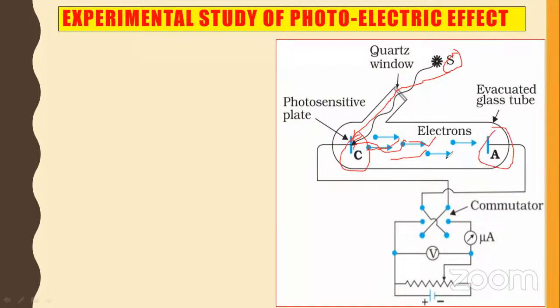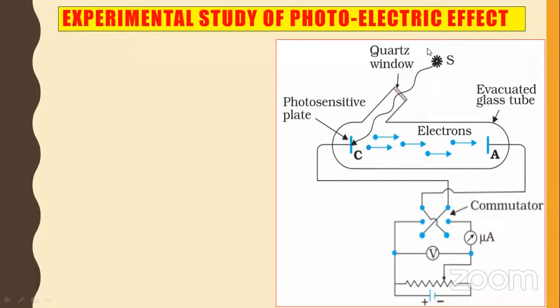How is it possible? By applying such a potential to this plate, only then can these photoelectrons move from the cathode to the anode. If you change the voltage, more electrons may move from the cathode to the anode plate, which means more current. That is measured here with the ammeter.